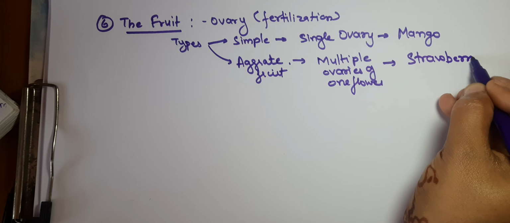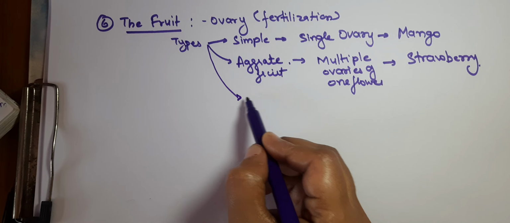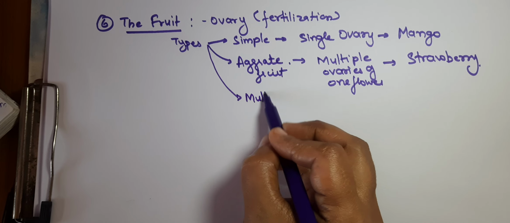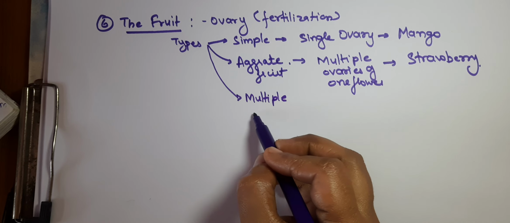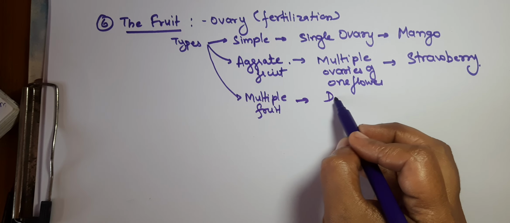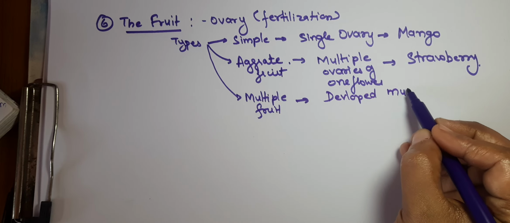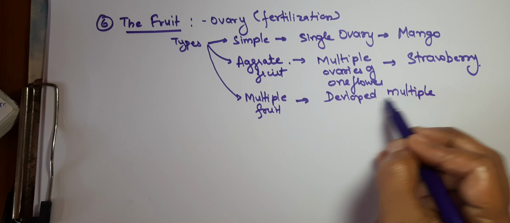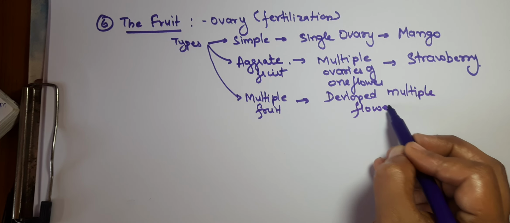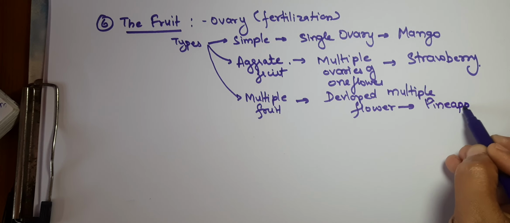They will occur in aggregates. Then there are multiple fruits also. In this, the fruit is developed from multiple flowers. This kind of fruit, the example is the pineapple.